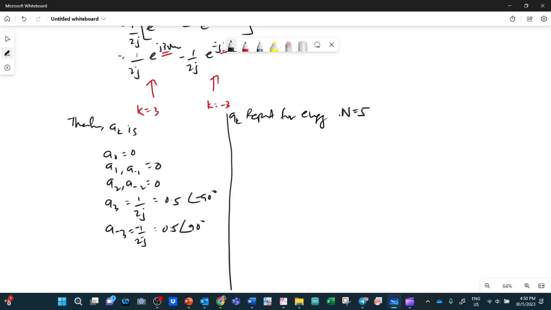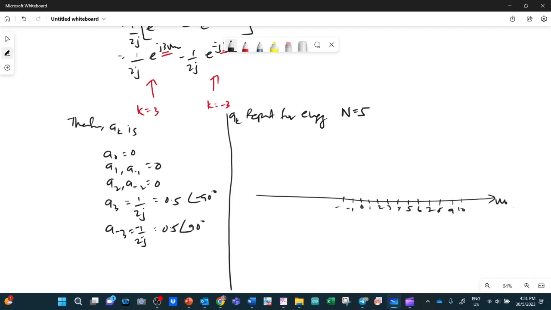Let's plot that spectrum. You have 0, 1, 2, 3, 4, 5, 6, 7, 8, 9, 10.